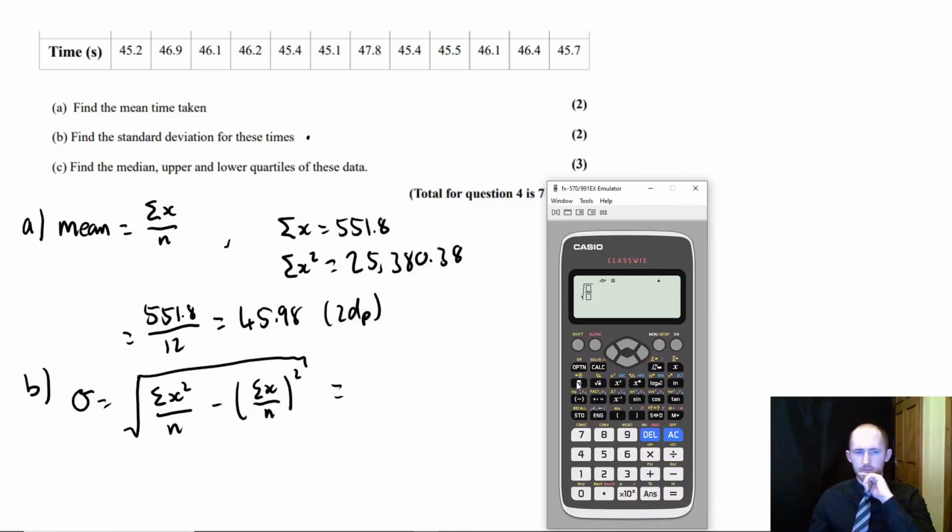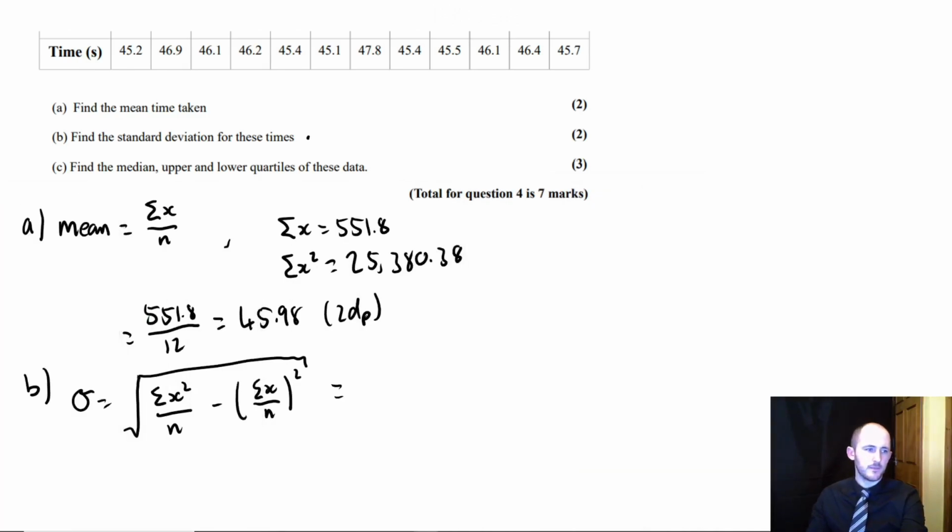Square root of 25,380.38 over 14 minus 551.8... 16.1. Wait. Yeah, 16.1. Not bad.